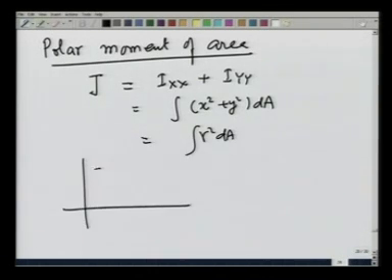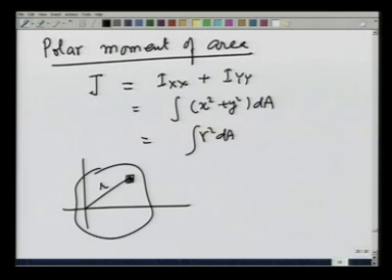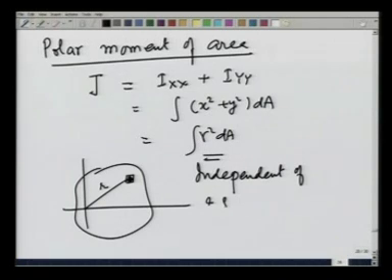Given any area, r square for a small area chosen is independent of the set of axes chosen.